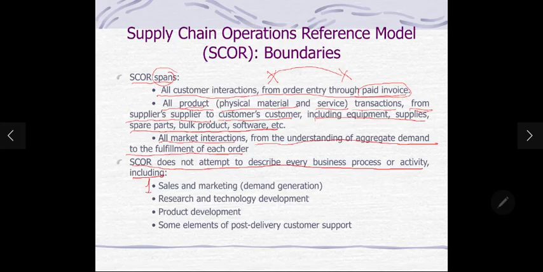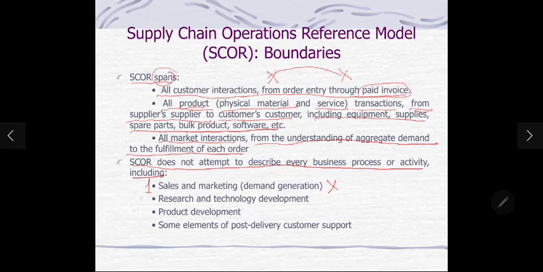In other words, demand generation. It doesn't cover demand generation in any way. It doesn't want to lose focus on the supply chain. This is marketing activity and it's something huge and there is a lot of know-how in it. So it's not included in the SCOR model.